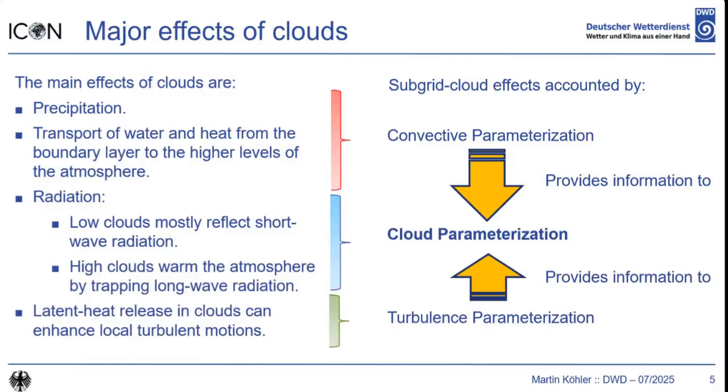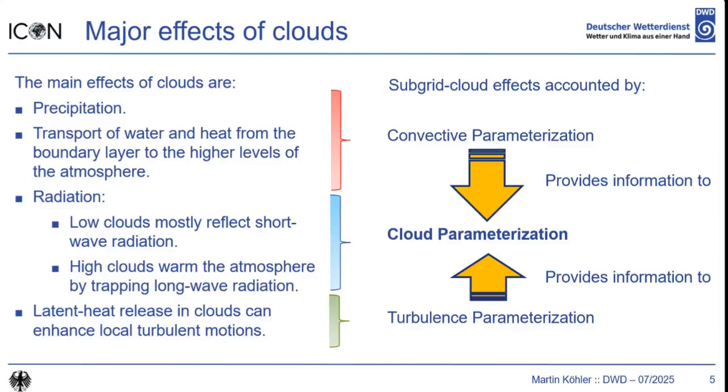High clouds warm the atmosphere a little bit, because they also reflect solar radiation, but they keep more of the longwave radiation in. There's a very complicated balance; you can talk to me about that in a coffee break. And latent heat release in the clouds is also important.